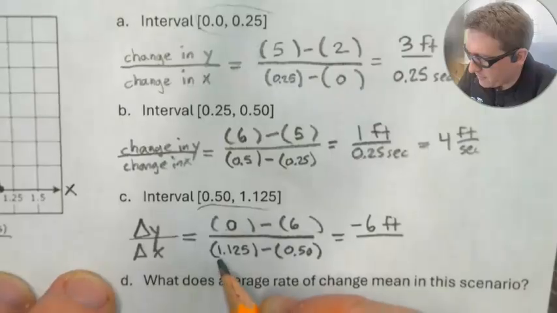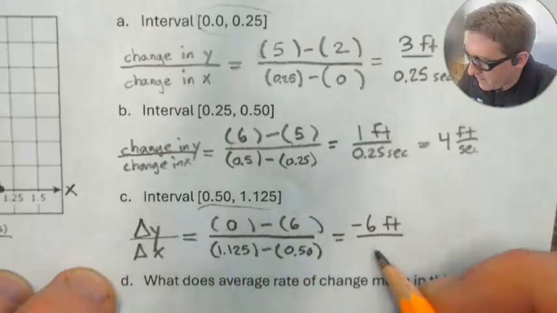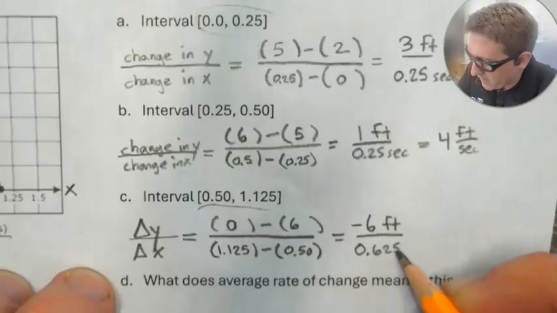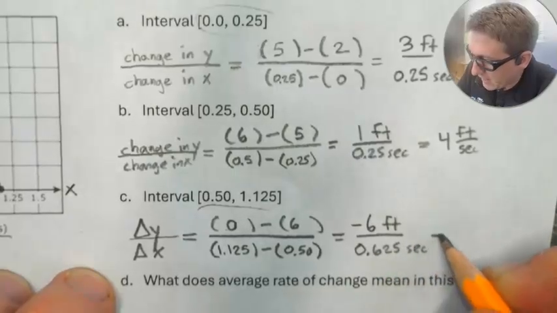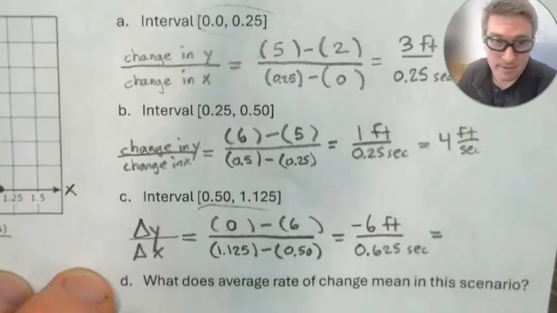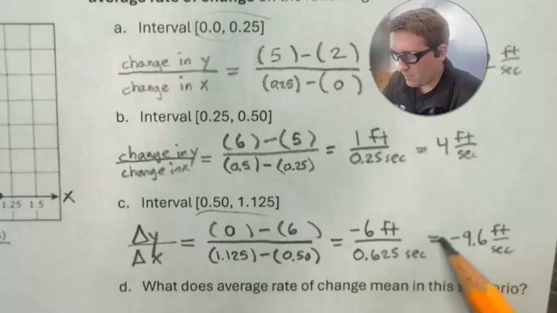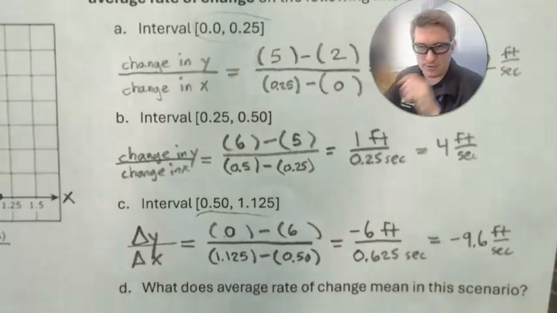And then over here, I'm going to do 1.125 minus 0.5. That is 0.625 seconds. And I myself am going to need a calculator for this one. Putting it into the calculator, I see it's negative 9.6. So let us write that down here with its units.